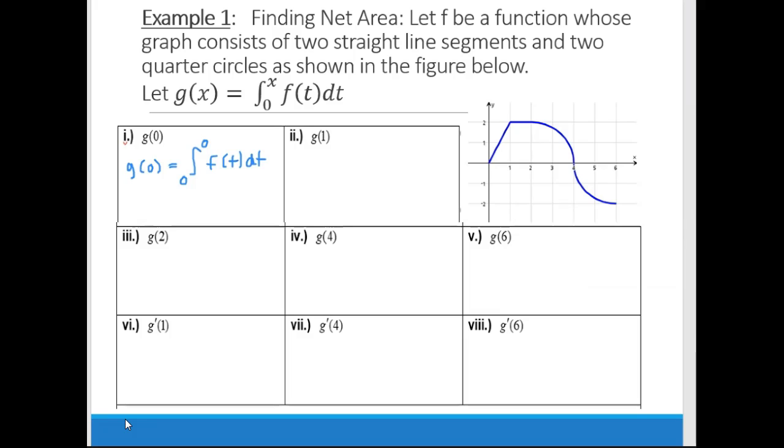Well, any integral with the same upper and lower bound is 0. So the integral from 0 to 0 of f of t dt is 0. Therefore, g of 0 is 0.